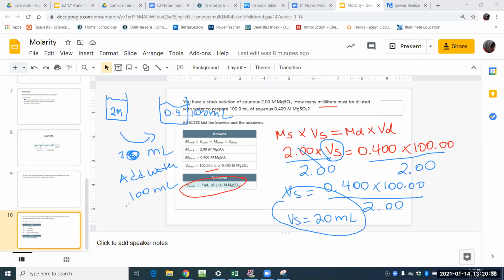So that's how you do a dilution. The answer would be 20 mLs, but I want you to have a visual of how you would go about doing that. If you need to rewatch this to make sure you have understood, obviously I'm here for questions. All right, I think there's a problem waiting for you now.